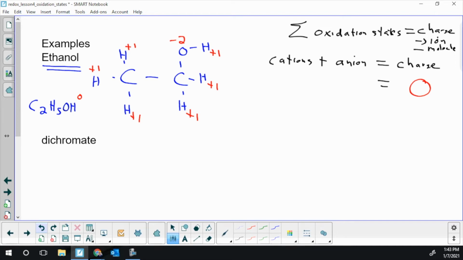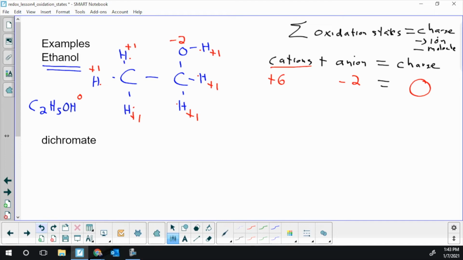So I'm going to figure out all the positives, all the negatives, and whatever's missing to make this 0 must be our carbon. So what do we have for cations or positive oxidation states? Just the hydrogen. We've got +1, +2, +3, +4, +5, +6. No other positives yet. For negatives, we only have one O, and that's -2.